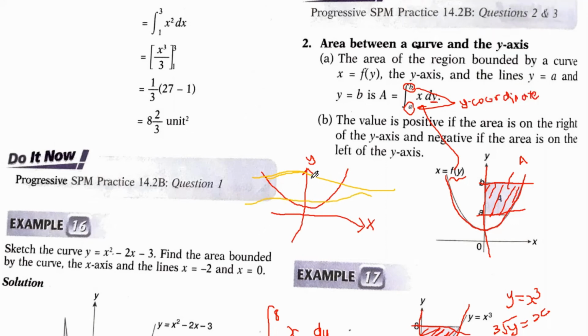The area bounded on the right side will be a positive value, let's say this is A. Then the area bounded on the left side, let's say this is area B, will be a negative value. So for the total area bounded, we have A plus the modulus of B. You cannot just put negative here, we have to put modulus. So the total area will be A plus modulus B.